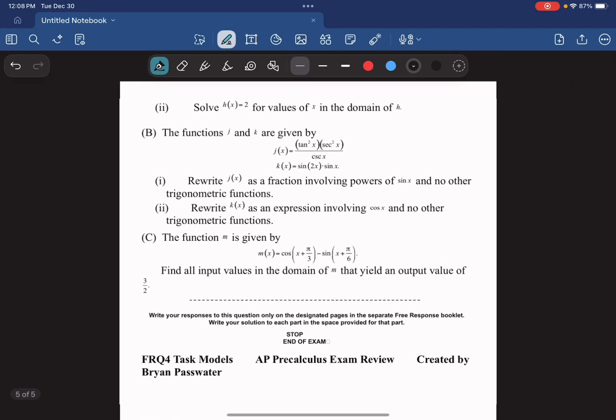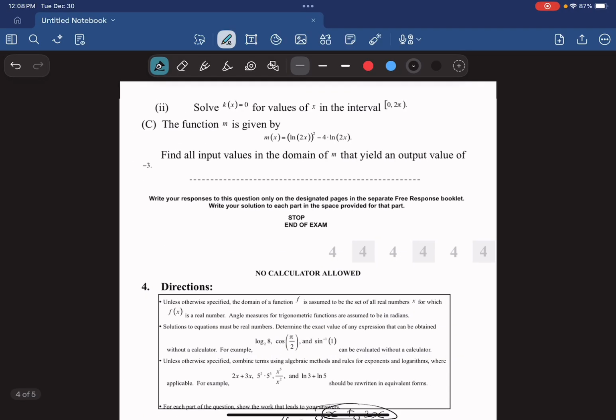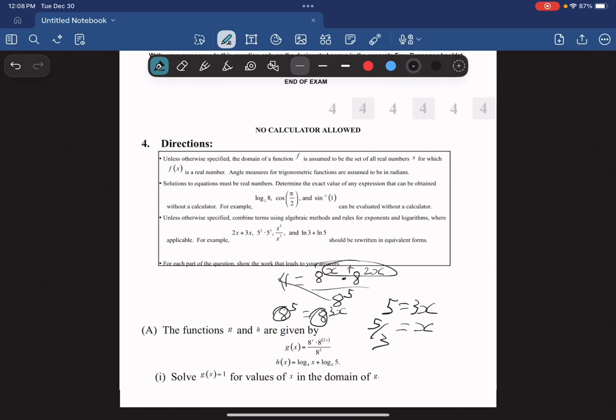No sweat. Okay, now question 2 wants us to look for h of x equals 2 for values of x in the domain of h. I'm sorry, values of x in the domain of h. So that just means, yeah, find x. Okay. So I'm going to erase all this because you guys don't need it anymore.